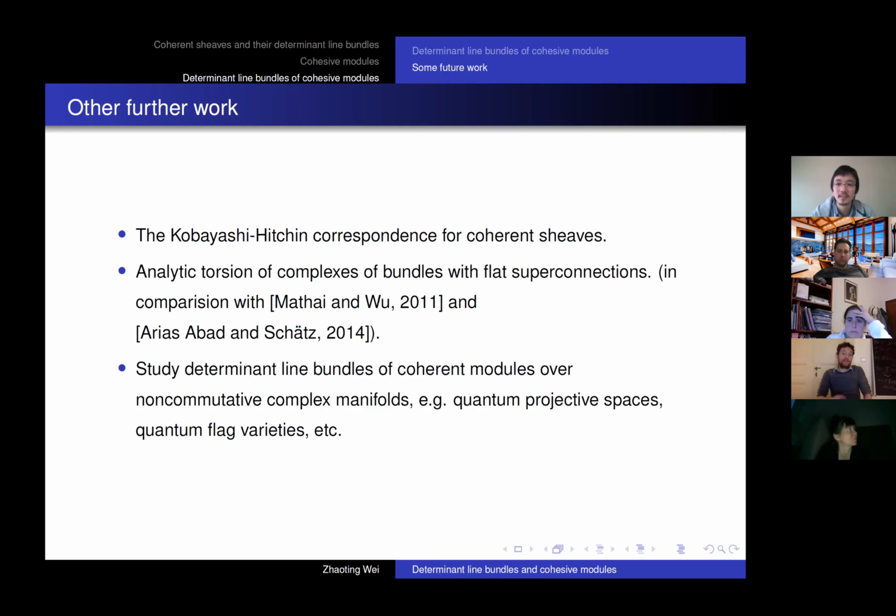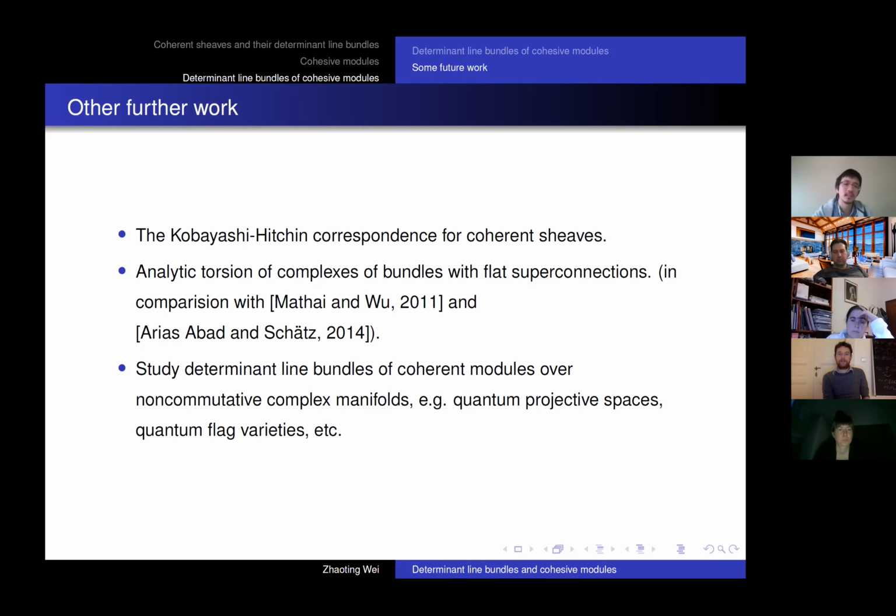That gave you a realization of the coherent sheaves. We were able to show that this was equivalent to the coherent sheaves, given by the graded modules of the homogeneous coordinate ring of quantum projective space. So it seems all to be quite close philosophically, at least, to what you're doing, but we don't know how close they are. That's why it's difficult.